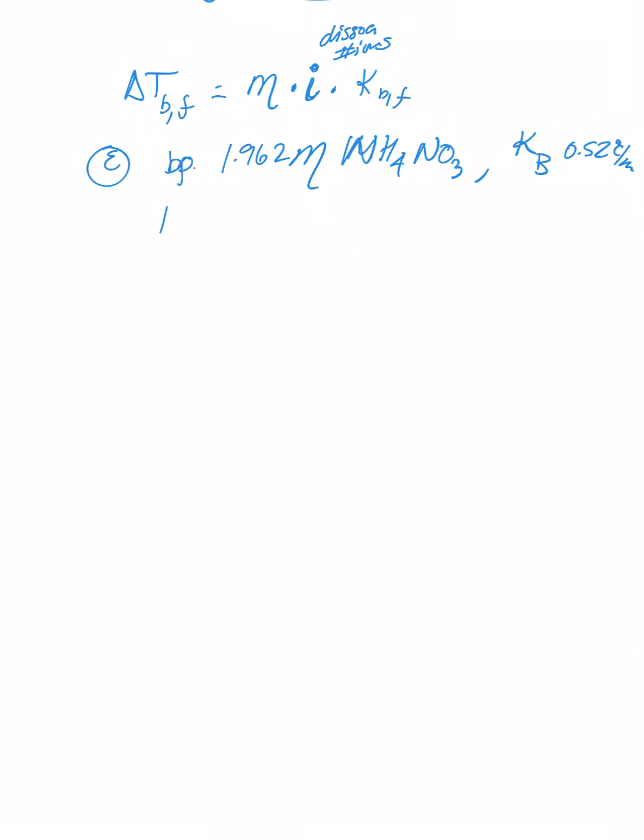So we look at our equation. This is boiling, so our change in boiling point is equal to our i, which is the number of ions formed in solution, times our molality, which is 1.962 molal, times our boiling point elevation constant, which is 0.52 degrees Celsius per molal.